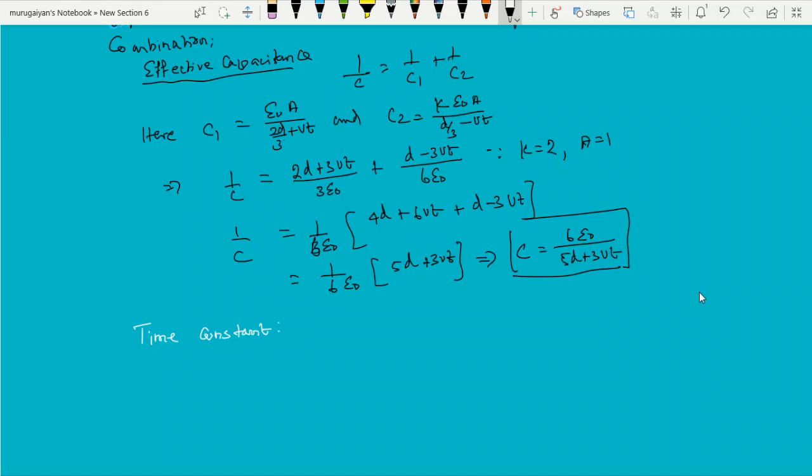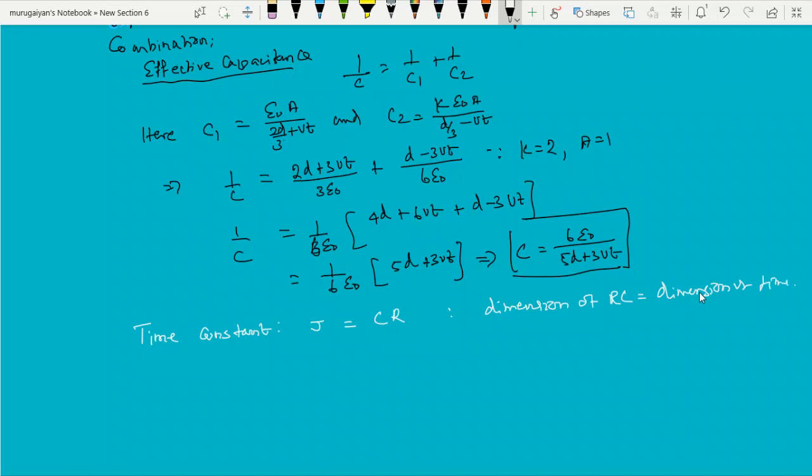The time constant tau equals the effective capacitance times the external resistor, because the dimension of CR, or RC, is the same as the dimension of time.